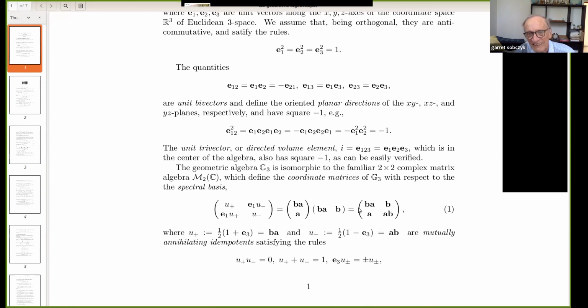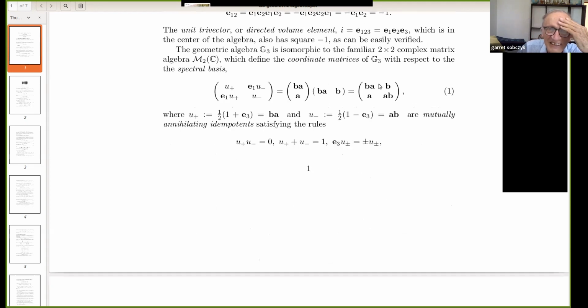AB corresponds to 0, 0, 0, 1. So that's right. So you should understand this, what I call the spectral basis. This is the element in geometric algebra which corresponds to 1, 0, 0, 0. So again, the matrix of the element BA is 1, 0, 0, 0. Is that clear?